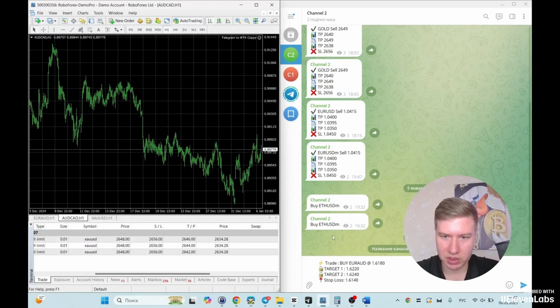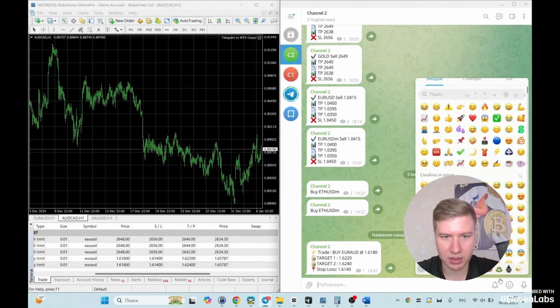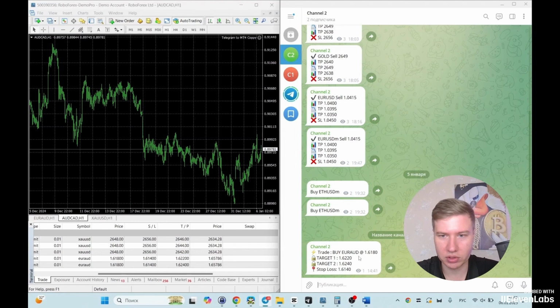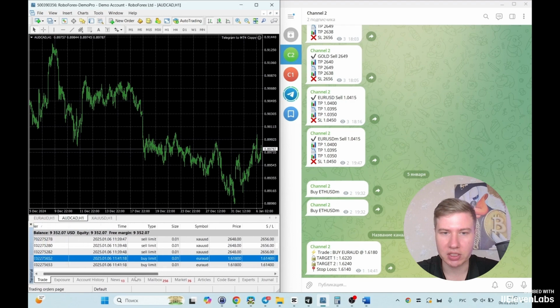Here it is indicated, so there should be no problems. Here we have an order open for Euro Australian at price 61, and profit 62.20 up to 240. Everything is correct, and the stop loss from 140 is also correctly specified.